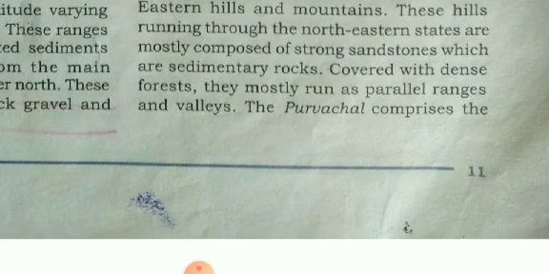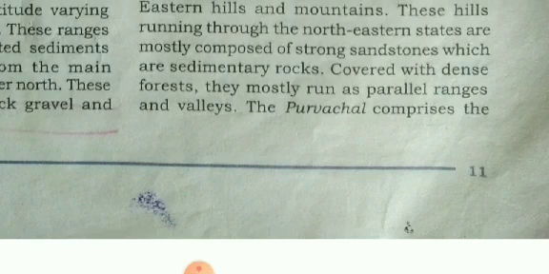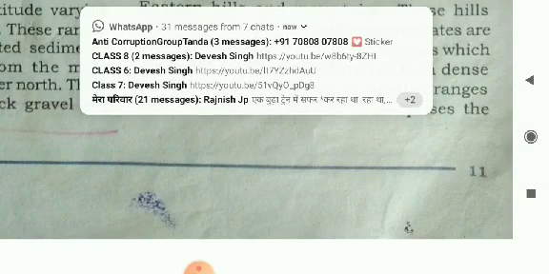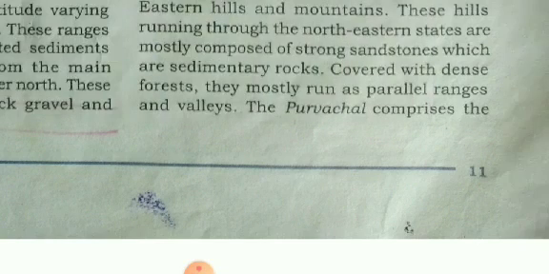These hills running through the northeastern states are mostly composed of strong sandstones, which are sedimentary rocks, covered with dense forest. They mostly run as parallel ranges and valleys.